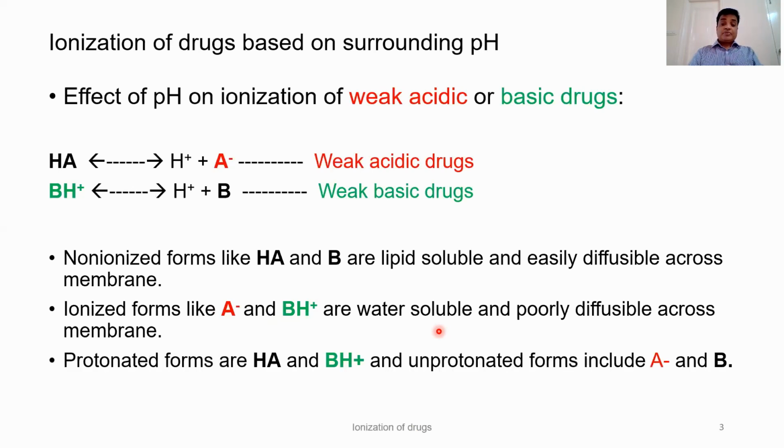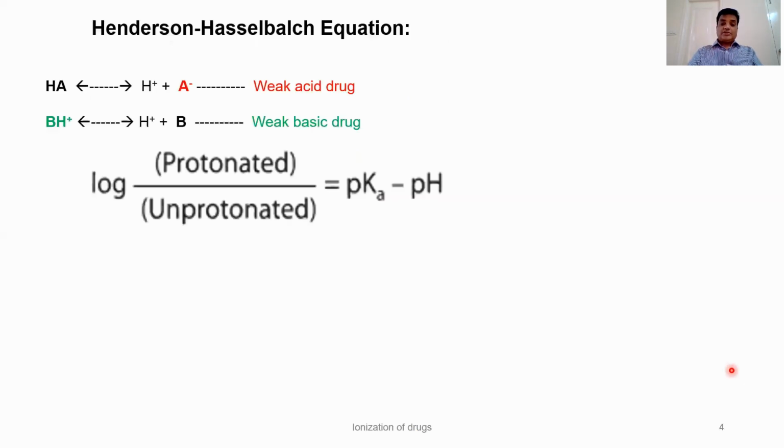This is the key. Now protonated forms means when there is a hydrogen attached to an acidic or basic drug. So the protonated form HA could be non-ionized, BH plus here could be ionized. Similarly, the unprotonated could be ionized or non-ionized.